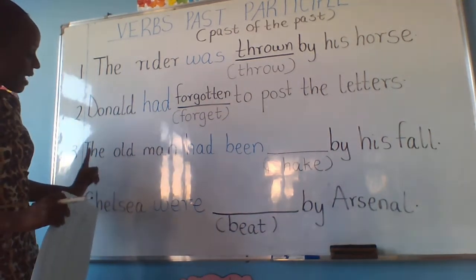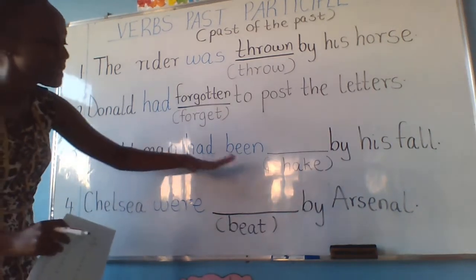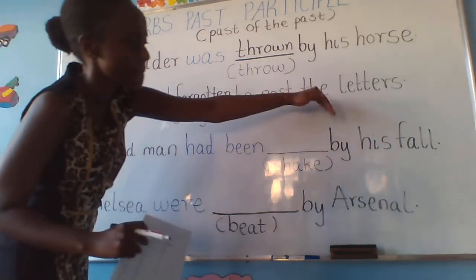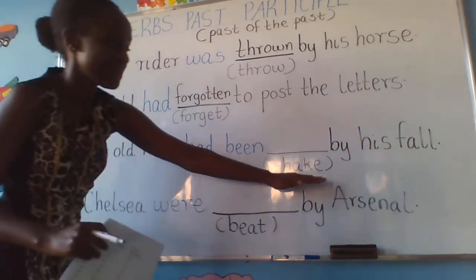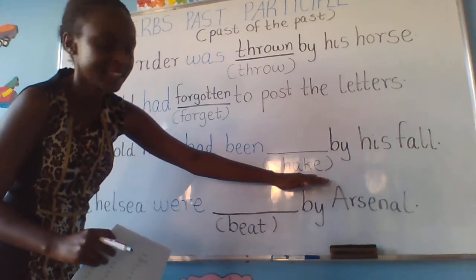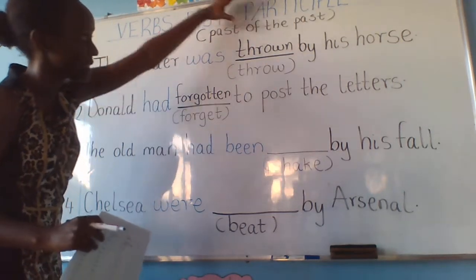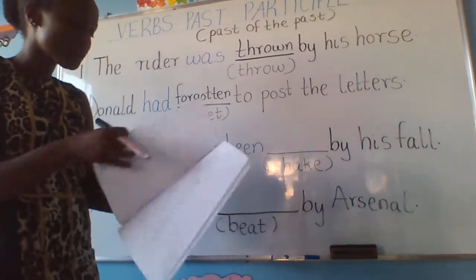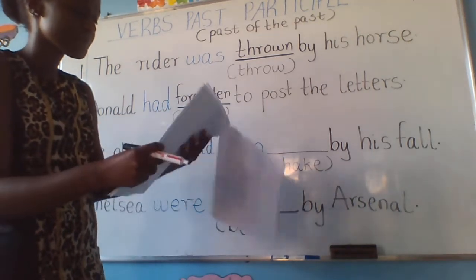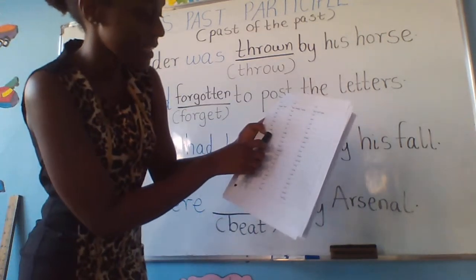Number 3. The old man had been dash by his fall. Change this verb here, shake. Say shake. Change it into past participle. What is the past participle of shake? You go to your list and check.